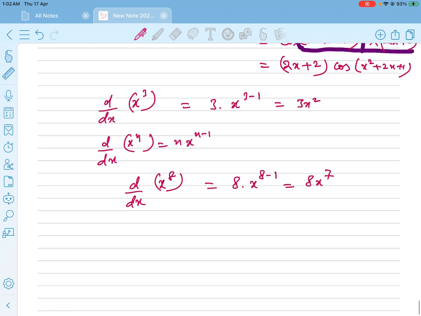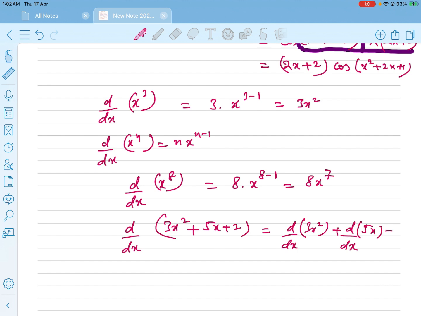Okay. If I have something like derivative of 3x square plus 5x plus 2, right? Now if you have the three terms added together and we are trying to find out the derivative of this, so this would be derivative of 3x square plus derivative of 5x plus derivative of 2.